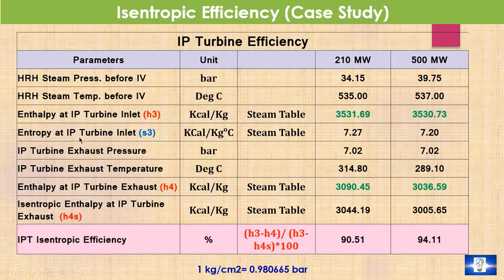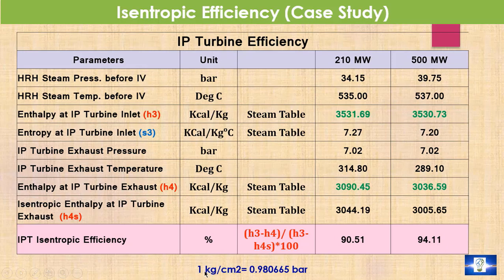Now, from the entropy at IP turbine inlet and the IP turbine exhaust pressure we can calculate the isentropic enthalpy at IP turbine exhaust, that is H4s. So, from this formulation we can calculate the isentropic efficiency of IPT: for the 210 megawatt it is 90.51% and for the 500 megawatt it is 94.11%.